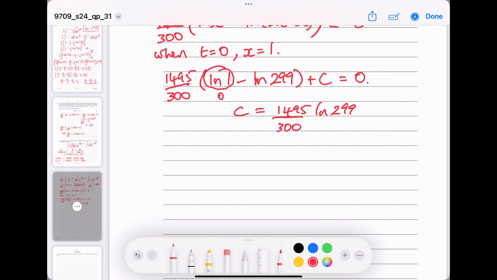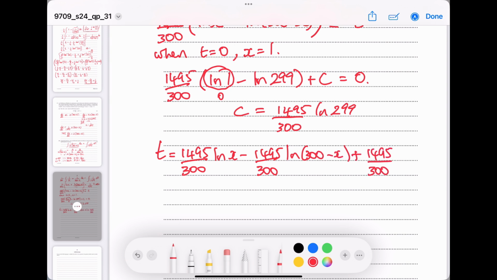So then we've got an equation of t is equal to 1495 over 300 ln x minus 1495 over 300 ln (300 minus x) plus 1495 over 300 ln 299. Well, as you can see, we've got 1495 over 300 that's common here.